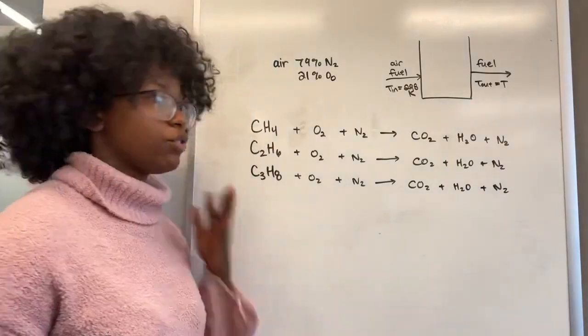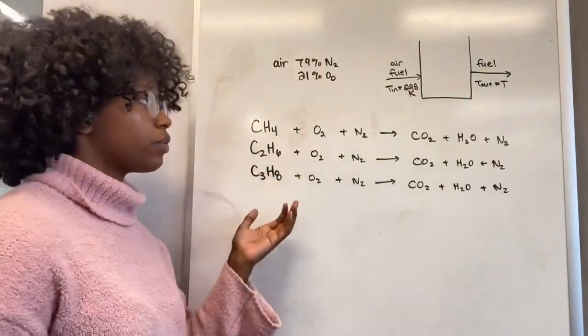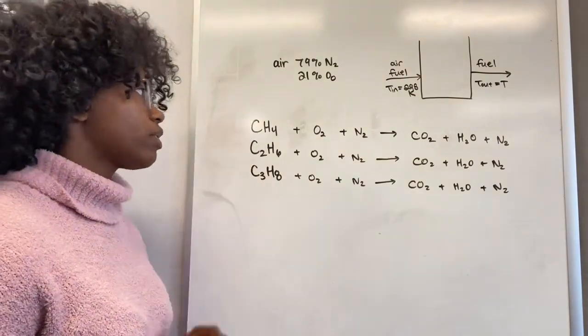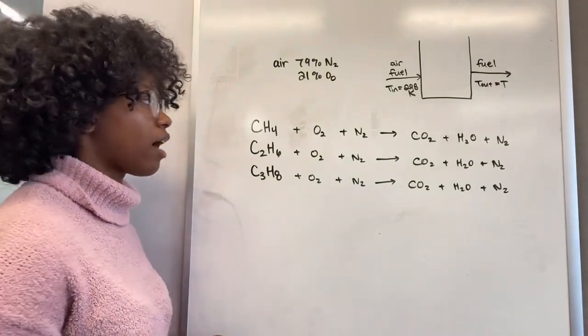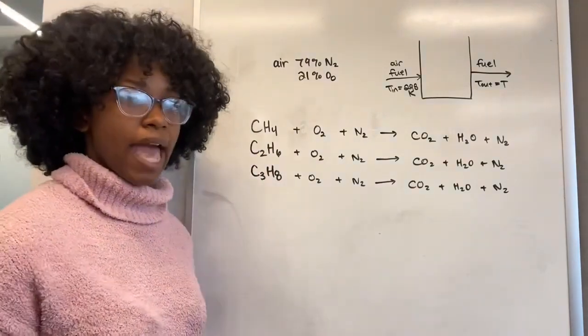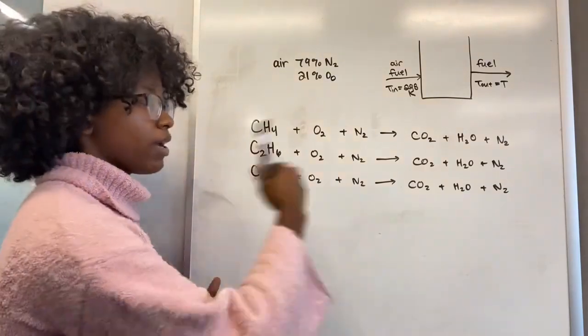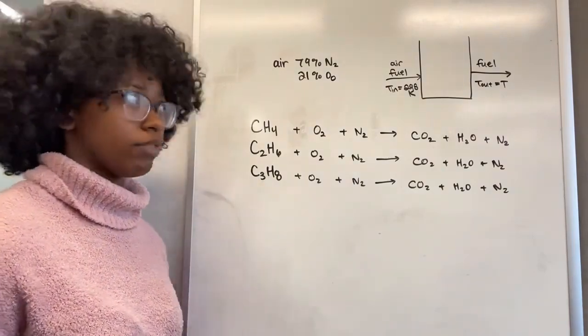And so we have to balance these reactions, because what we start with on the left has to be what we end with on the right. So starting with methane, basically how we'll go is I'll just see how many atoms we have on the left and then compare it to the right and adjust so that the amounts of each are equivalent.